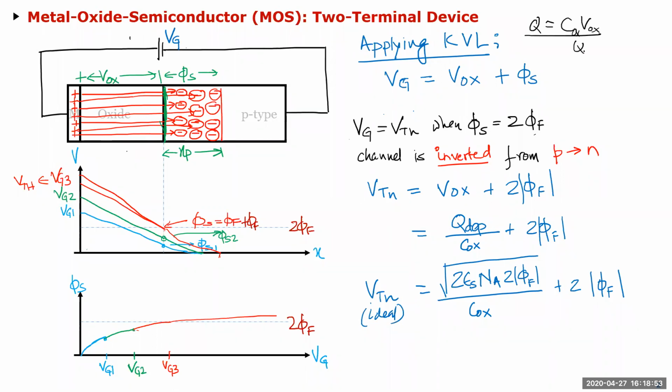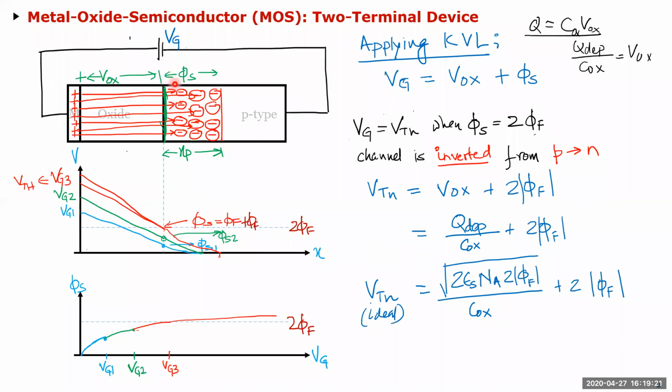So basically you need to find out what this depletion charge is, and you divide it by Cox, and that will give you Vox. So that's the principle behind calculation of that thing. So basically what we are doing is we're trying to find out what the charge is, and that charge across this oxide is the voltage I need to provide this oxide charge before I get to Phi-S. So that's one part of it.